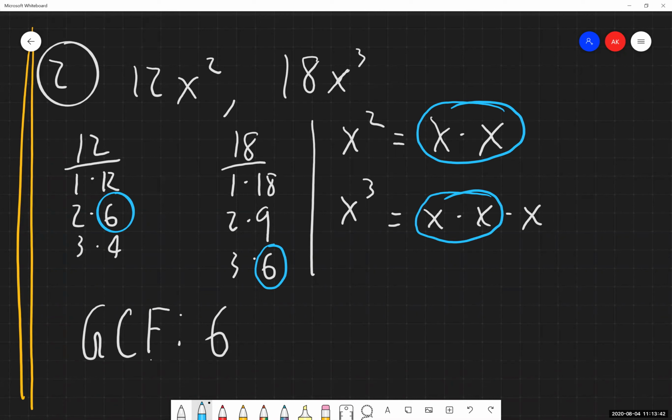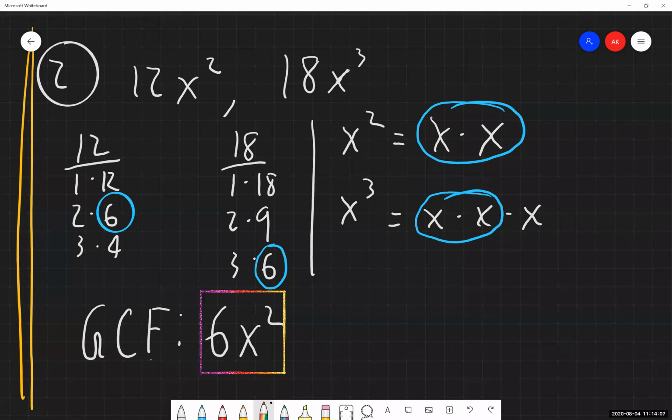So what's the greatest common factor between x squared and x cubed? Well, it's going to be x squared, because they both have an x squared term within them. You could also think of this as, and I think this is the generality that helps people quite a bit, look for the variable with the lowest degree attached to it, and that's going to be your greatest common factor.